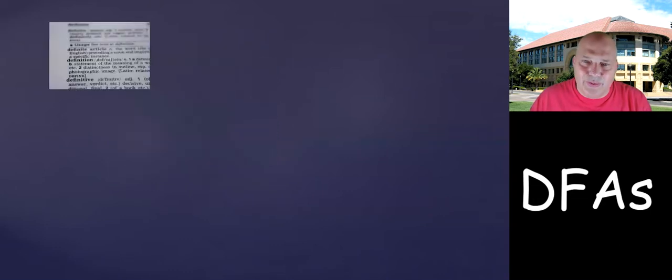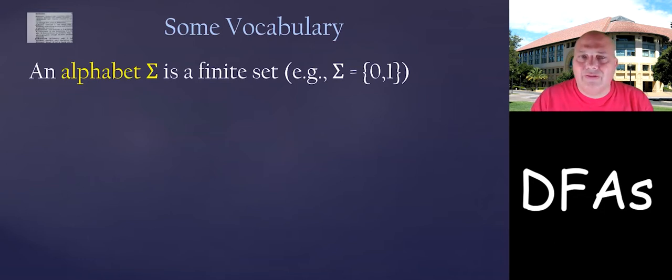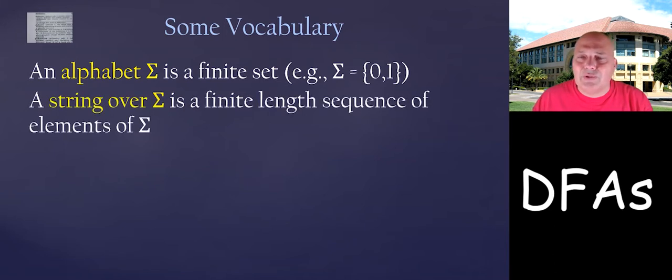So what do we have here? We have the notion of an alphabet, which is just a finite set. You can think of the most common alphabet, which is the binary alphabet 0, 1, but sometimes we'll think of a larger alphabet, still a finite set. And then our inputs are going to be strings over sigma, so a finite length sequence of elements of sigma.